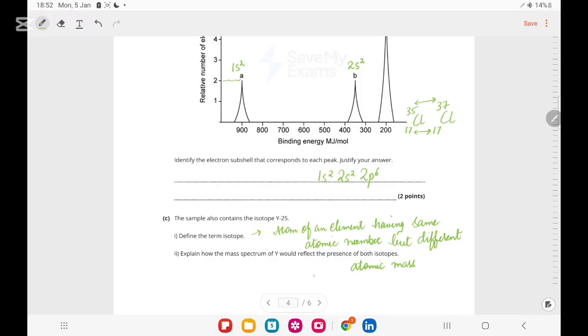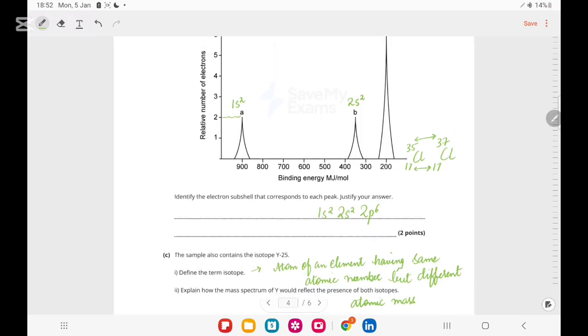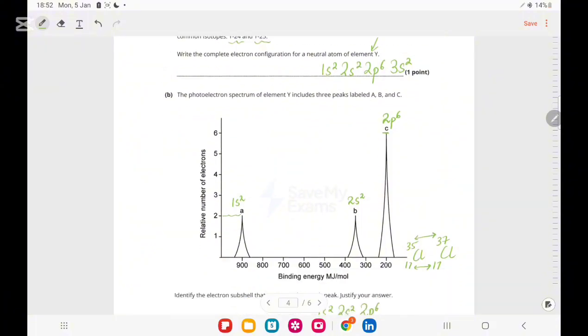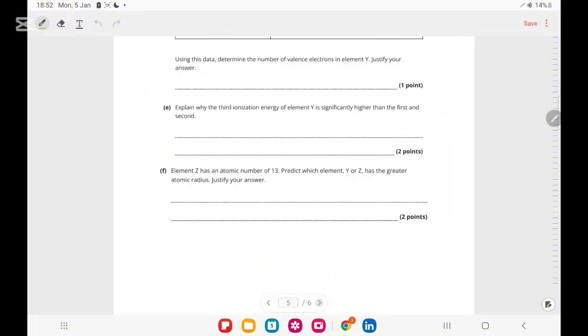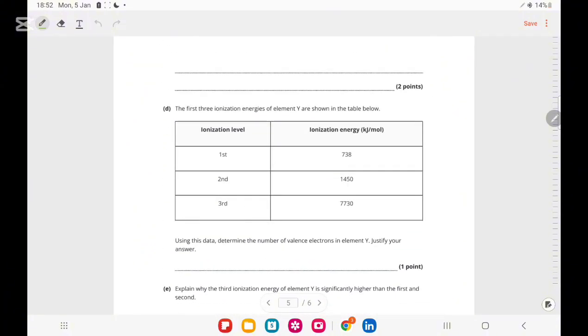Explain how the mass spectrum of Y would reflect the presence of both isotopes. So if we represent the mass spectrum, you know that on the x-axis we have mass to charge ratio and on the y-axis we have percentage abundance.